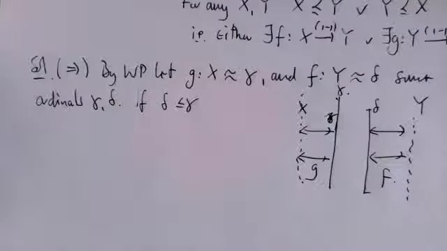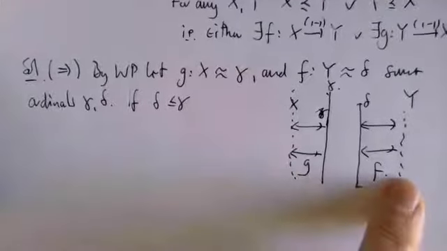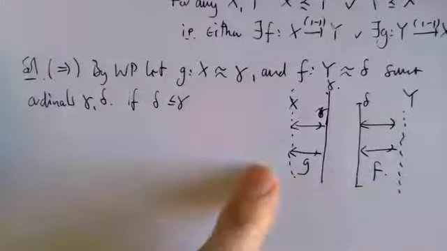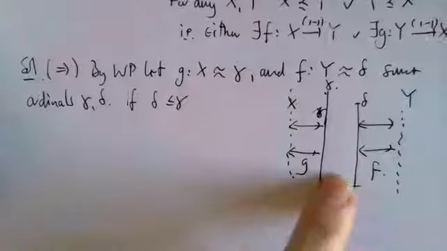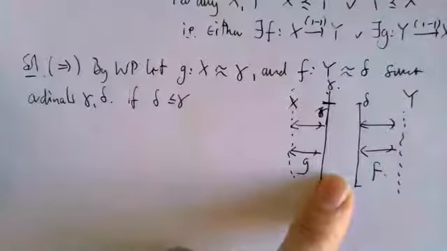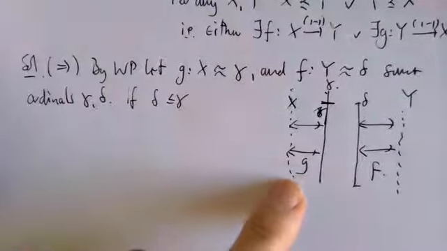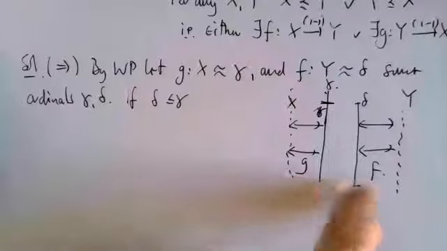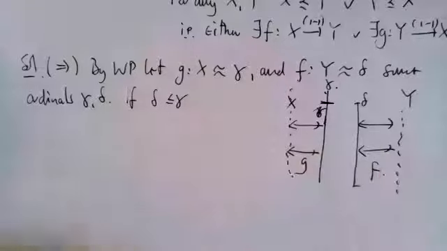So what we do now is just say, okay, I can map y 1-to-1 into x by mapping it 1-to-1 into delta, which after all is just a subset of gamma. And because g is a bijection, I can invert it. So I'll apply g to the -1 to f on y.